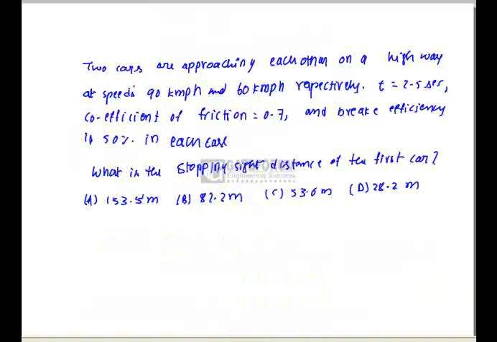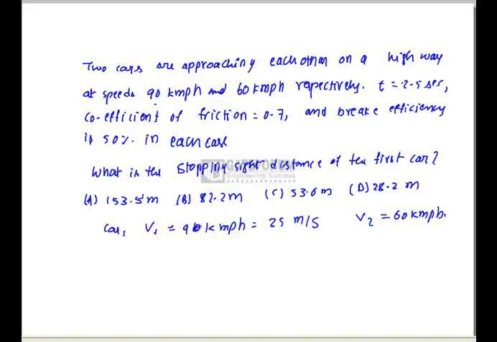Question: two cars are approaching each other on a highway at a speed of 90 kmph. Car 1 speed V1 is equal to 90 kmph, that is equal to 25 meters per second, and car 2 speed V2 is equal to 60 kmph, and T is given as 2.5 seconds.